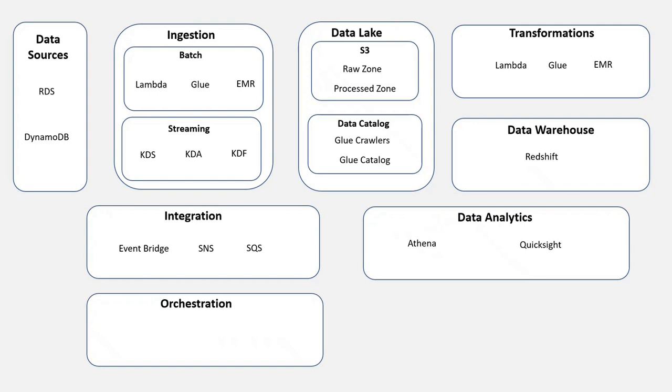Now, let's suppose you want to orchestrate the jobs. Most of the time there are multiple Glue jobs that need to be triggered in a specific order for the job to complete, right? For this, we can use AWS Glue workflows inside the AWS Glue service to orchestrate the ETL operations. We can also use AWS Step Functions.